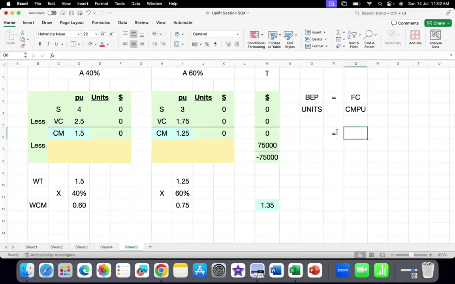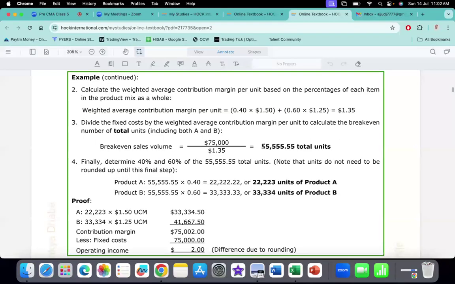So this would be fixed cost, which is 75,000, divided by the weighted contribution margin of 1.35, and your answer would be 55,556. So these are units in total.